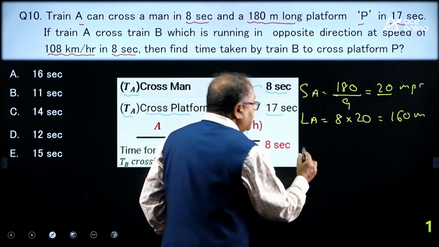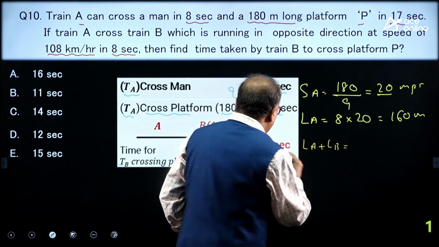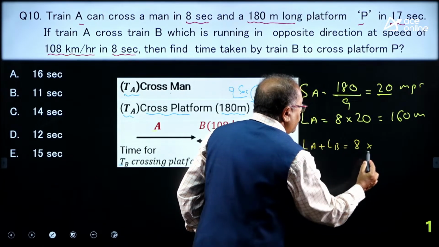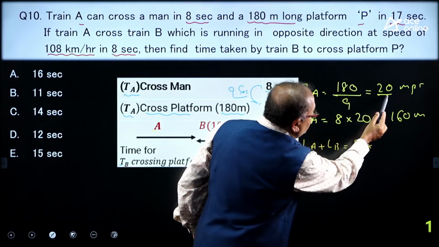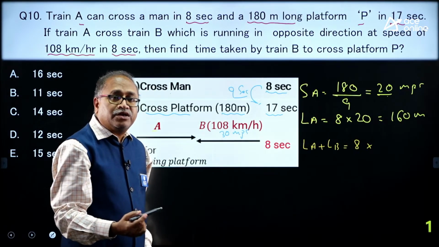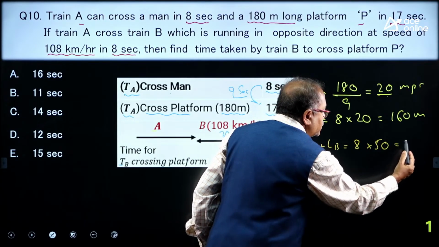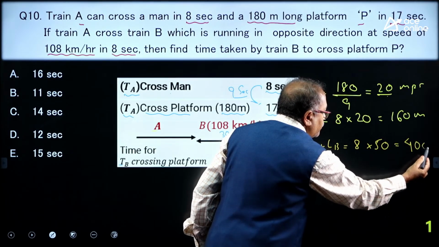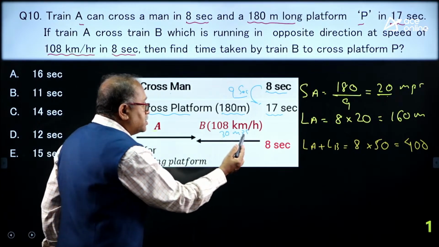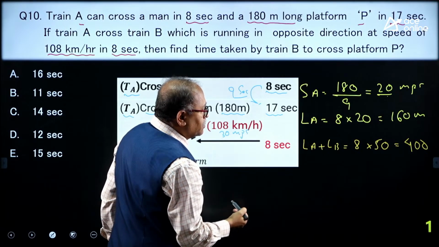What is that? Length of A plus length of B, which is equal to, this time is 8 seconds, and what is the relative speed? Here it is 20 meter per second, 30 meter per second, the total is 50 meter per second, and then it comes 400. Am I right? 400. 5 times 8 is 40.